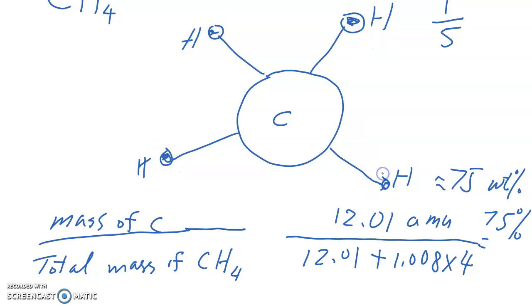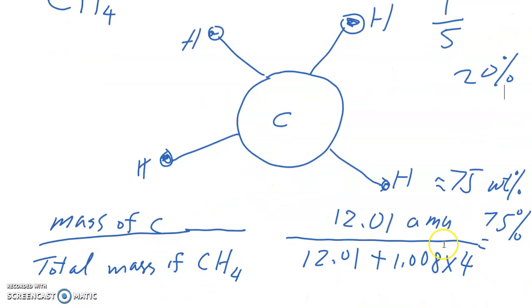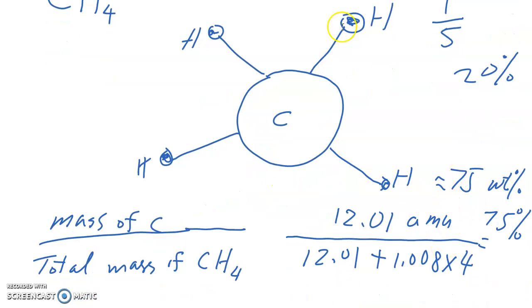The number percent of carbon is about 20% if we count how many atoms. What percentage of the number of atoms is carbon? Carbon is just 1 out of the 5 atoms. But as for the weight, the majority of the weight is at the carbon. So by weight, it is 75%.